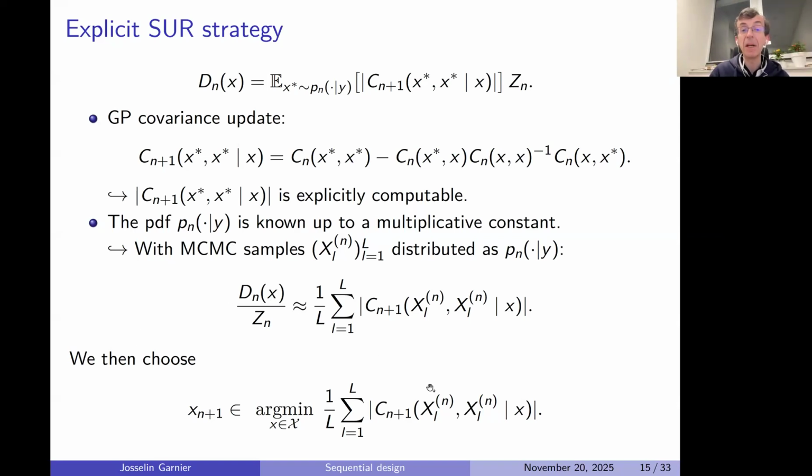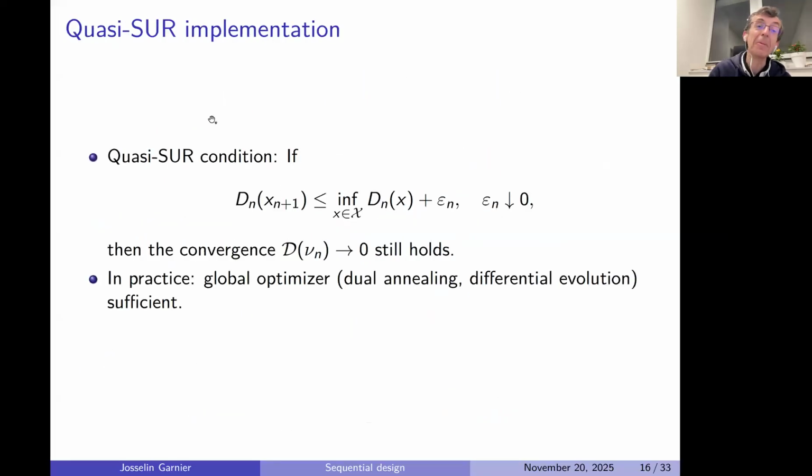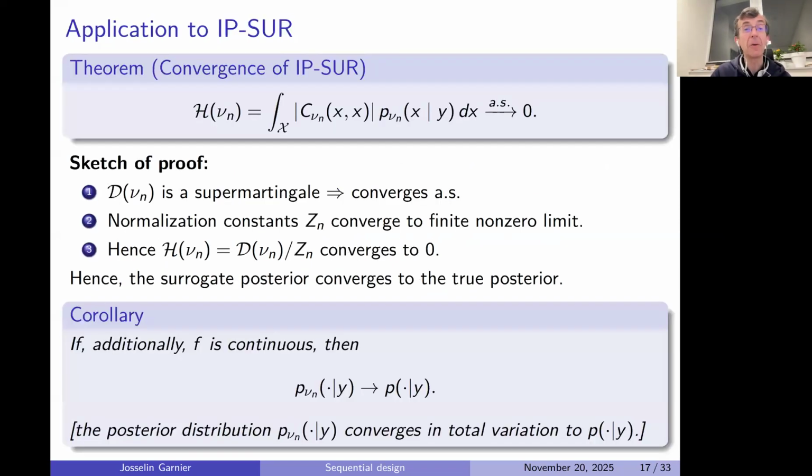Because I have replaced D_n by something that is not exactly D_n, but I can refine the SUR strategy a little bit and say that if you have an almost SUR strategy with an error that is decaying to 0, then you still have the convergence of the supermartingale theorem. So it's okay. So that's it. You now have a very nice algorithm.